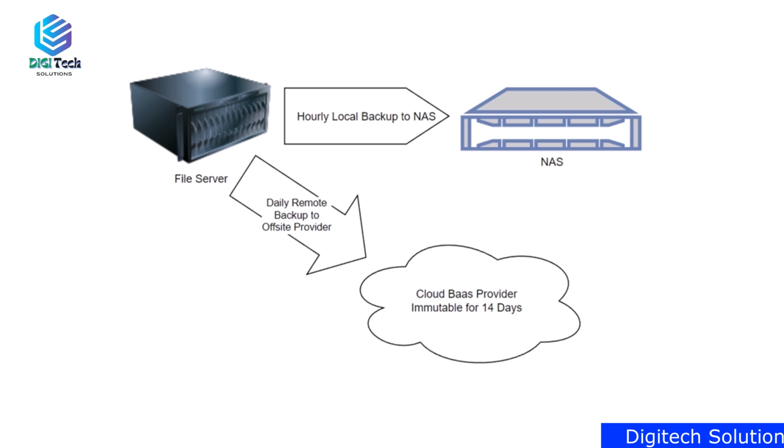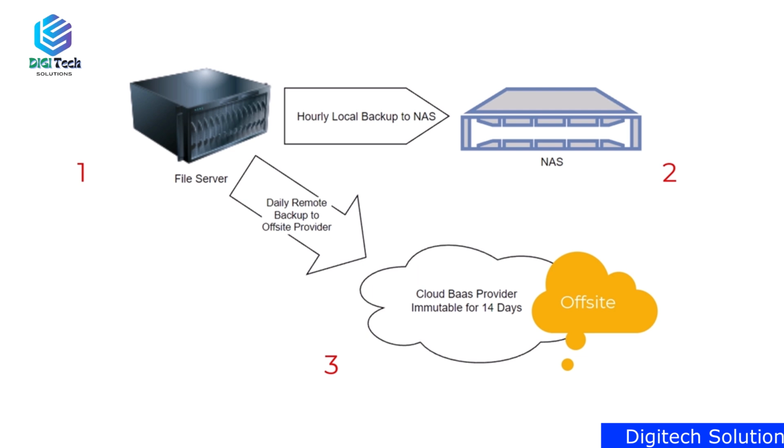So for the 3 copies of your data, you've got 1 on the file server, 1 on the NAS, and 1 on the cloud. You've got it on 2 different storage mediums, so in fact you've got it on 3 there. You're meeting that 1 is offsite rule, so you've got the offsite backup happening once a day.